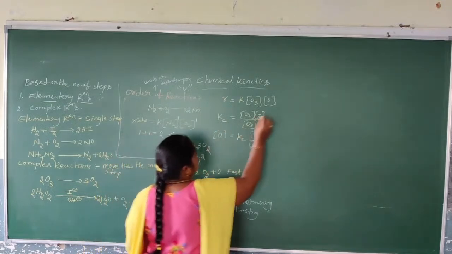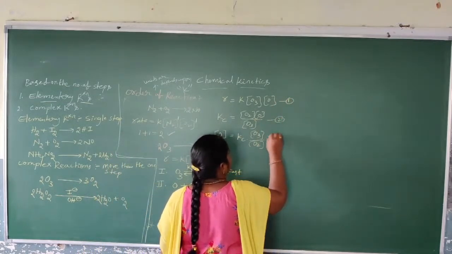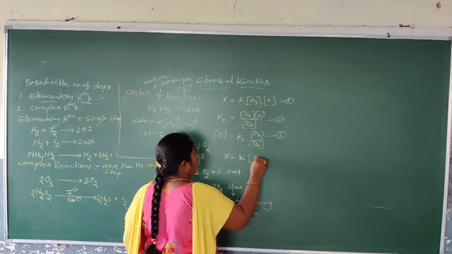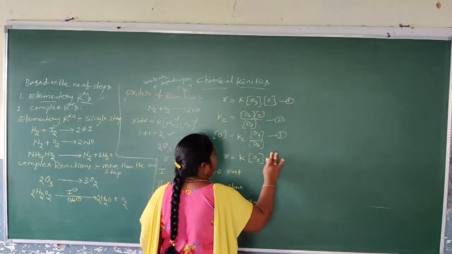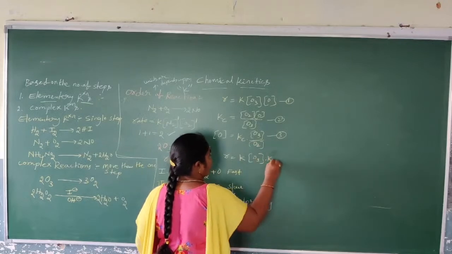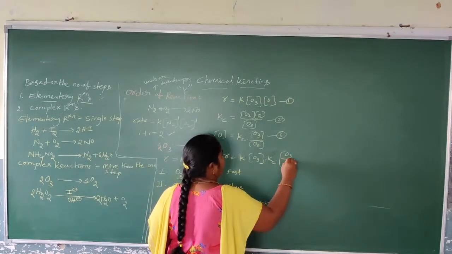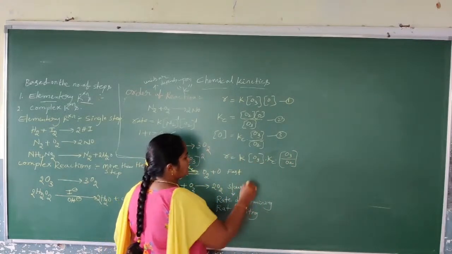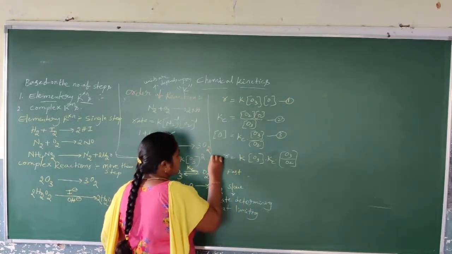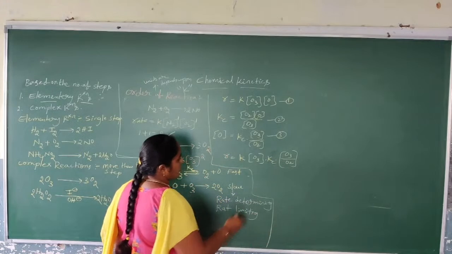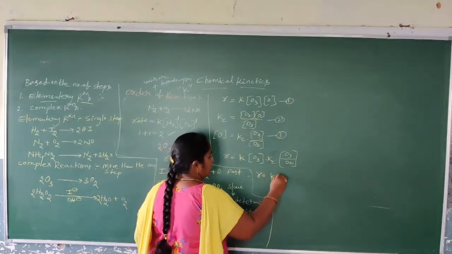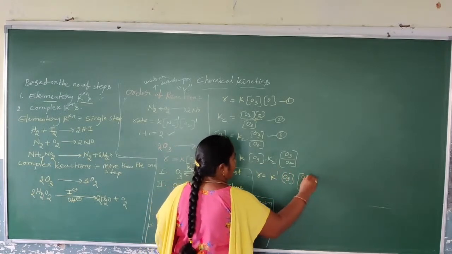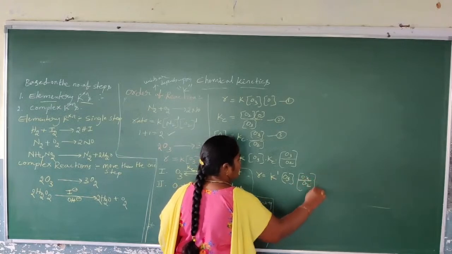Now in place of the O concentration in the first equation, we substitute equation 3. So rate is equal to K into O3 concentration into Kc into O3 by O2 concentration. K is constant, Kc is also constant, constant into constant gives one more constant, so rate is equal to K dash into O3 concentration into O3 concentration by O2 concentration.